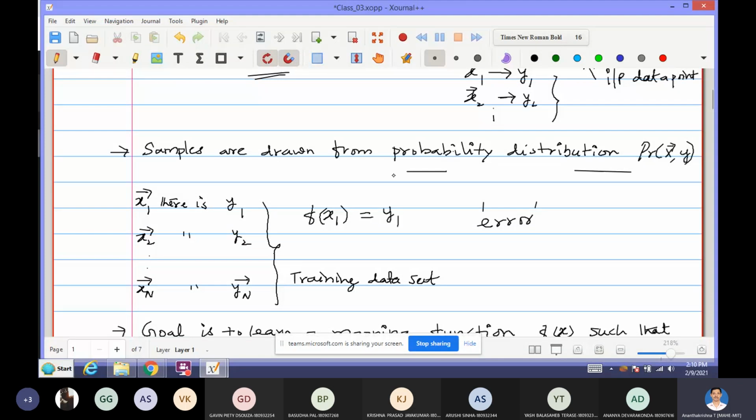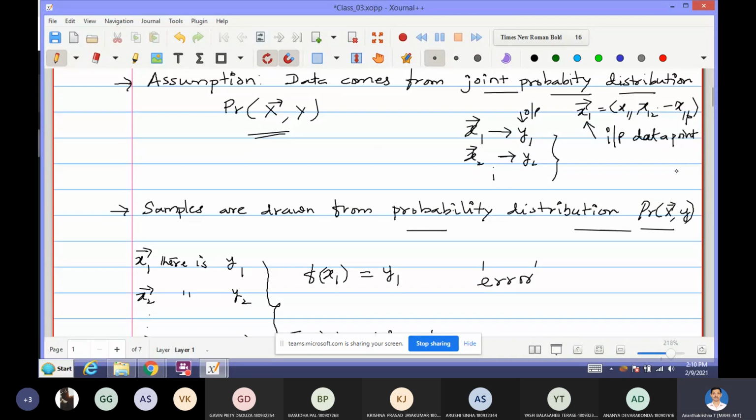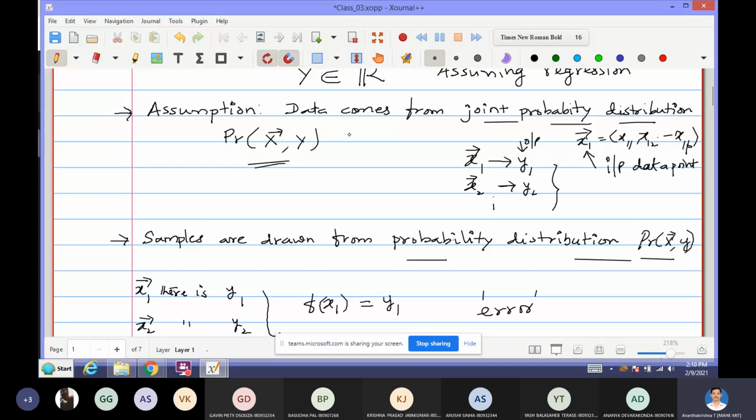So the joint probability distribution is the right distribution that we can draw from the input space, and it is denoted as probability of x comma y. X represents the input vector and y represents the output. Correct? That is the assumption that the data comes from this joint probability distribution. So that's one of the assumptions to go forward.